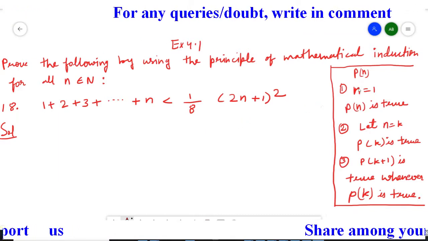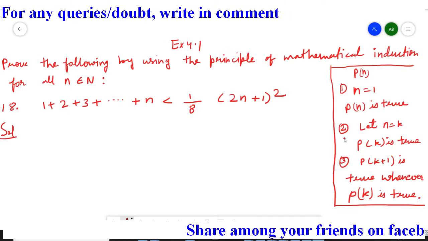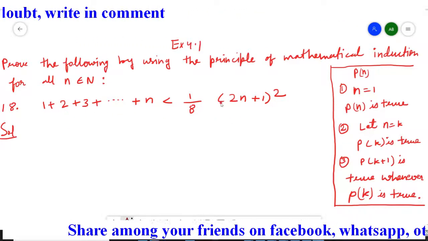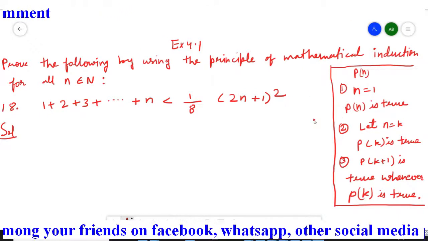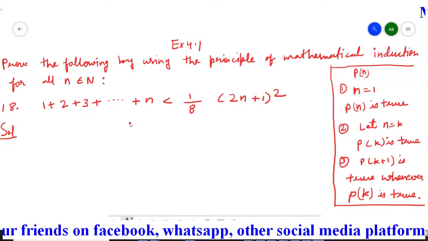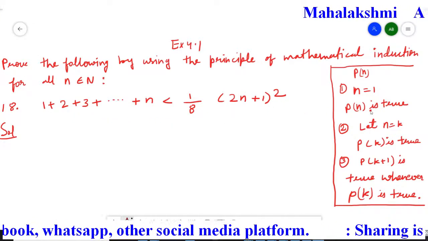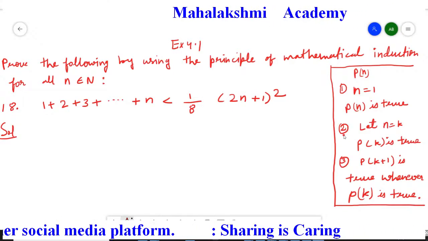The principle of mathematical induction is mainly completed in 3 steps. Firstly we assume the mathematical statement as the Pn statement. In step 1 we have to prove that the given statement is true for n equal to 1, and if we are able to complete the first step then we move to the second step.